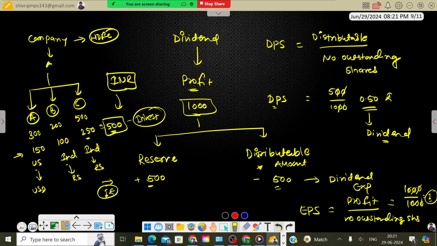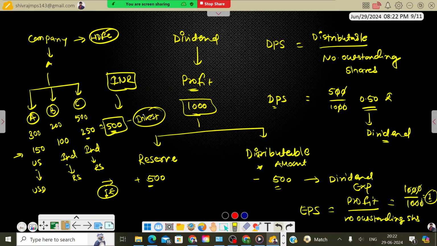And apart from this, let's say a company earned 1000, and that company distributes the entire profit to the shareholders, and again that company is looking to raise funds through different financial instruments. This is again contradictory, because when a company earns profit, it could have saved some amount of money to manage its other expenses.